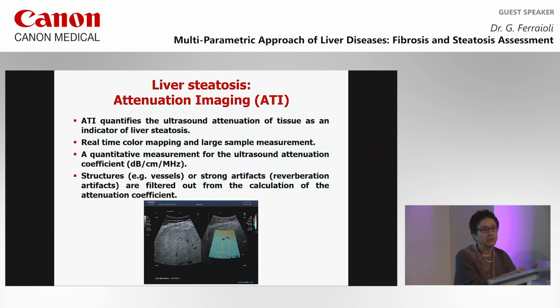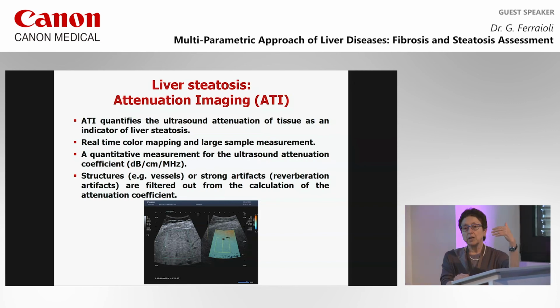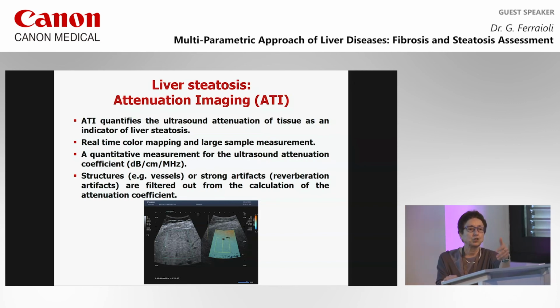On the Canon system is now available the attenuation imaging. It is possible using the attenuation imaging, the ATI software, to quantify liver steatosis. It's based on a quantification of the attenuation in decibel per centimeter per megahertz.